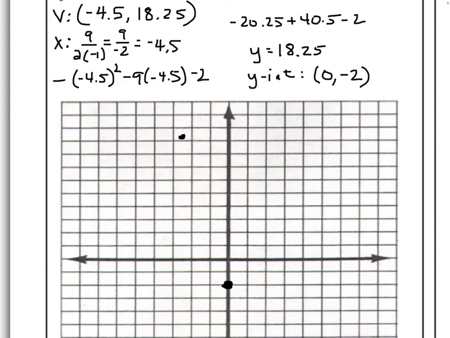Now, the key to doing the reflection here is to calculate how far it is from that point to the y-axis. Well, this is 4.5 units. So I count another 4.5 units to the left, and you'll notice it should be at 9. 1, 2, 3, 4, 5, 6, 7, 8, and 9, which would end up being way out here.